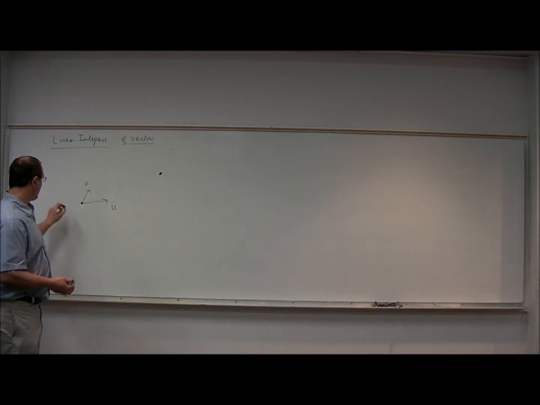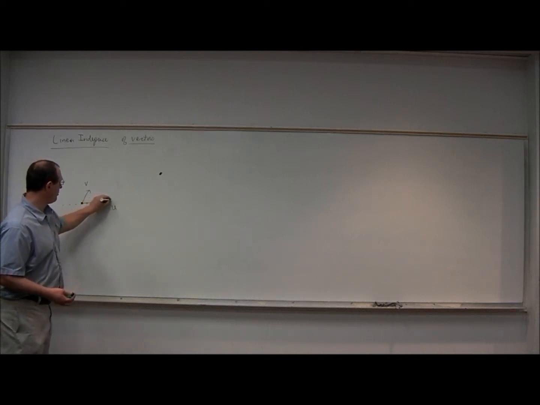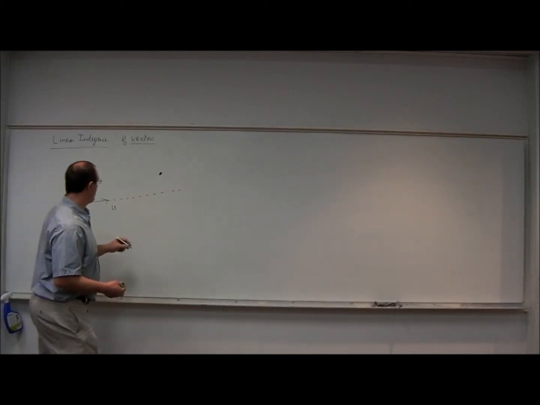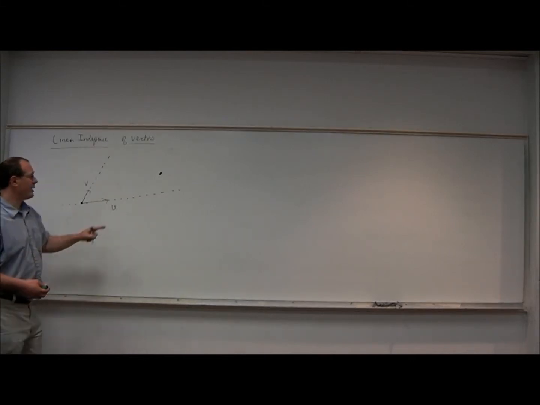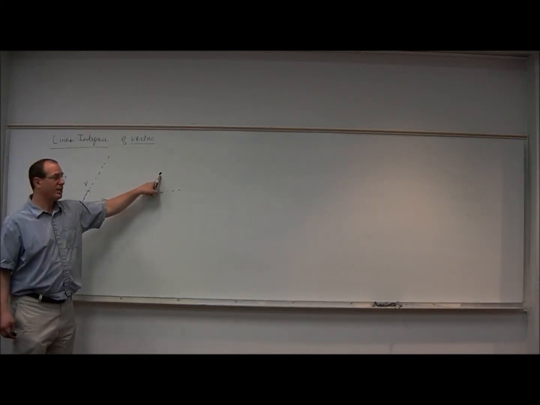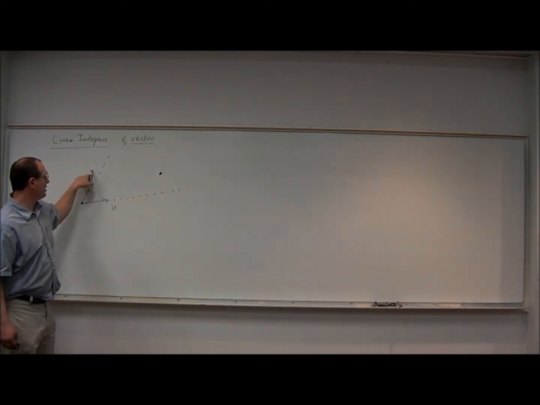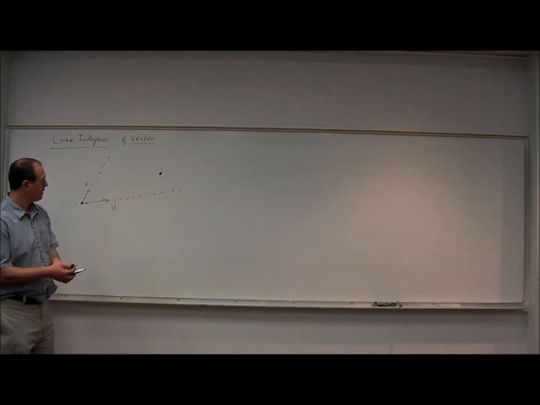To see that, if we extend the u line a little bit, and we extend the v line a little bit, then we can make a parallelogram involving these two extended lines and this dot.